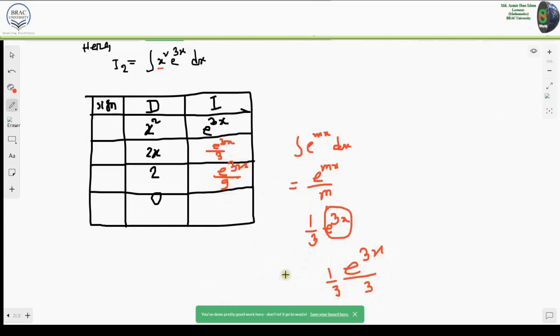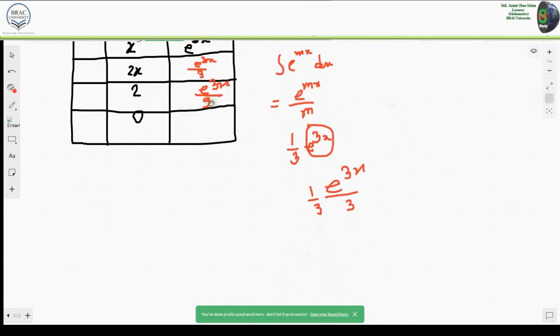Now we have to integrate e to the power 3x again, and before we have 1 by 9, so e to the power 3x integration will be e to the power 3x by 3, and before we have 1 by 9, so total answer will be e to the power 3x over 27. So I am going to write e to the power 3x over 27.